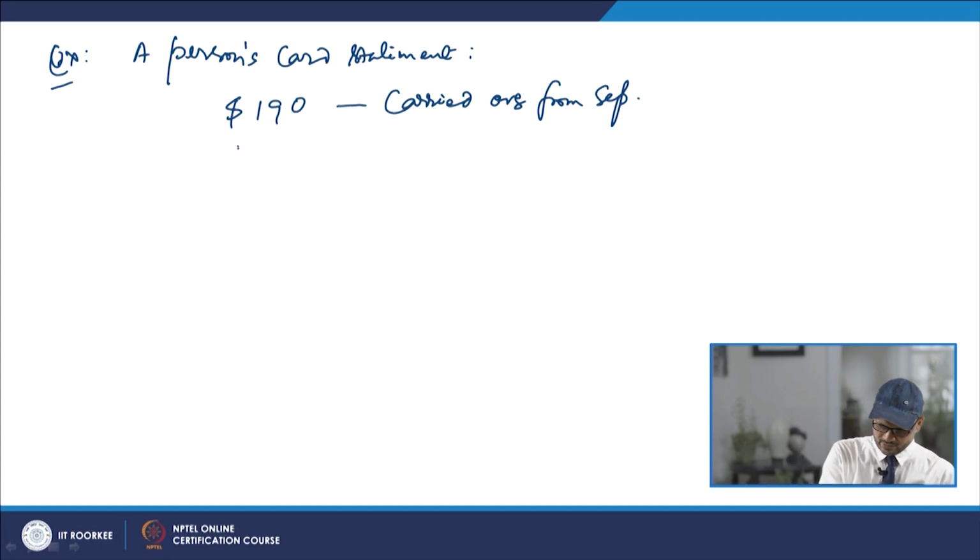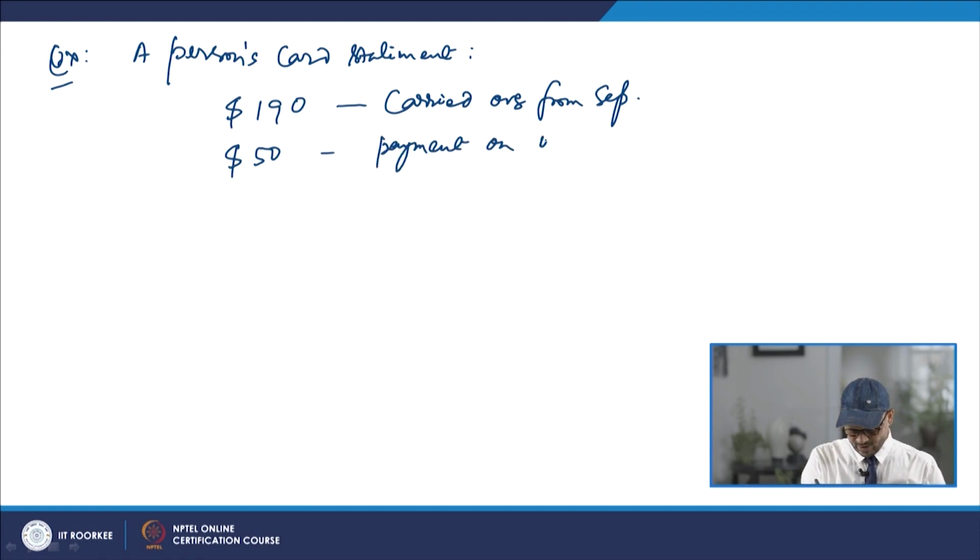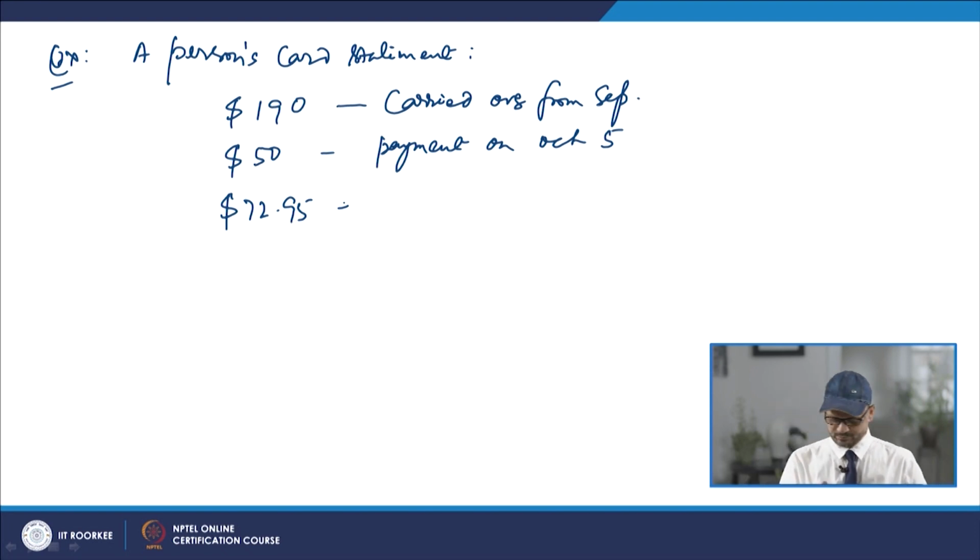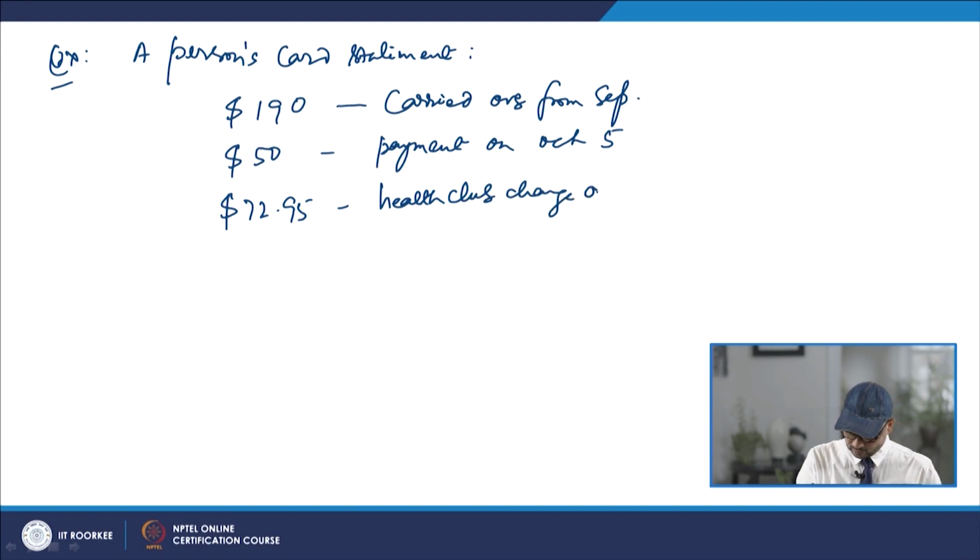Then suppose you have made a payment of $50 on October 5. Then you have $72.95, which is a health club charge on October 11.